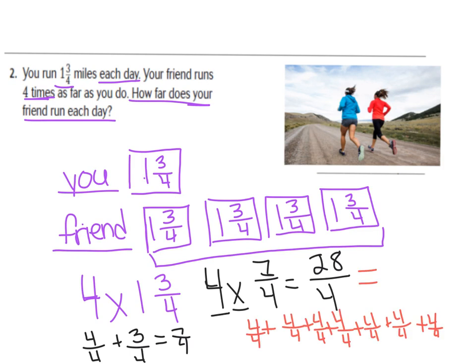Now I have my work done here where I have 4, 8, 12, 16, 20, 24, 28. And that gives me 1, 2, 3, 4, 5, 6, 7 wholes. So our answer should be 7. So our friend runs 7 miles each day. And that is our final answer.